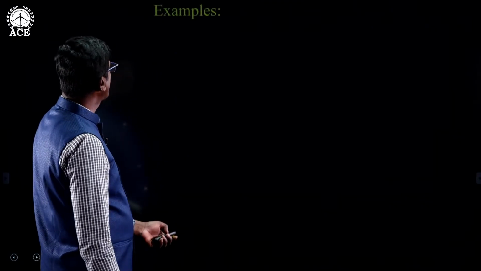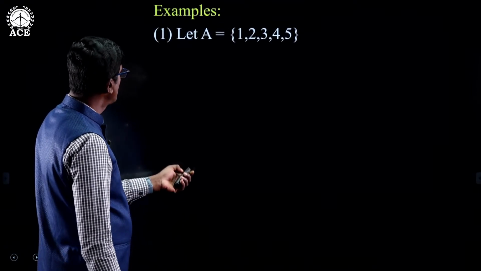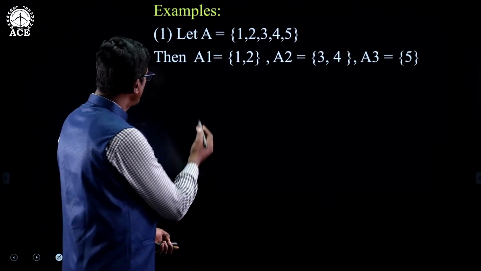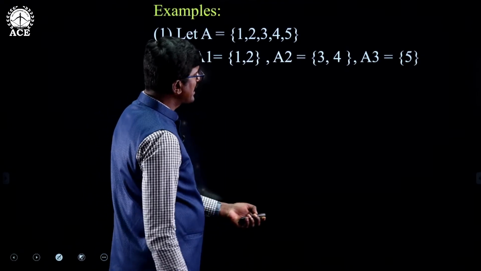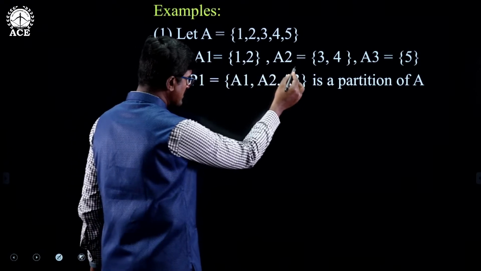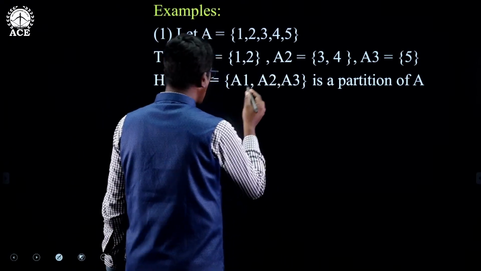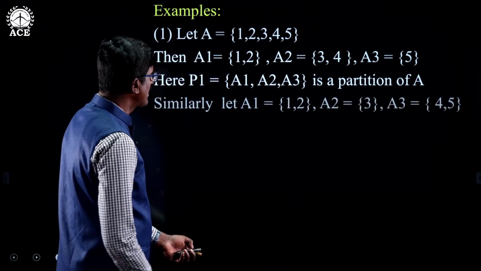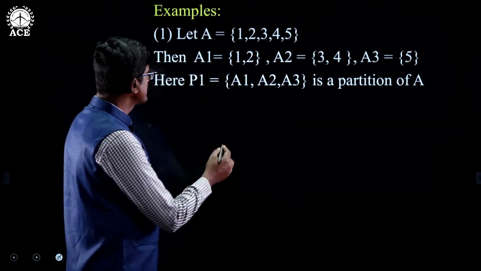Now I will take one example. So I am taking some set A. Here A1, A2, A3 are three different subsets. If you look at these three different subsets and take the union of them, then you are going to get the given set.